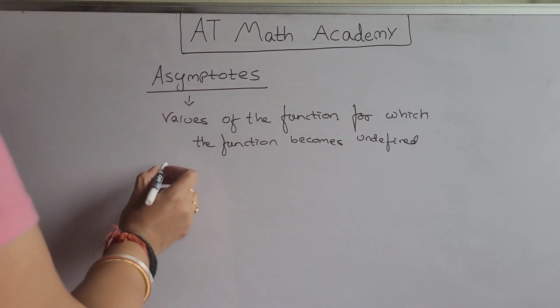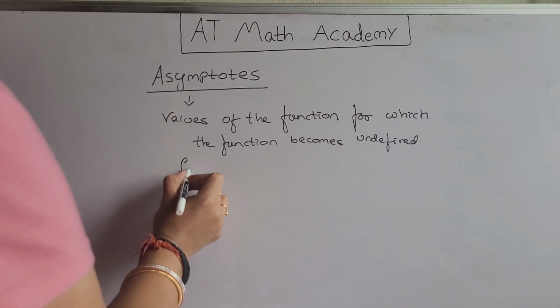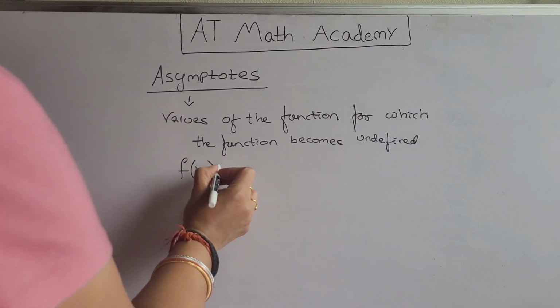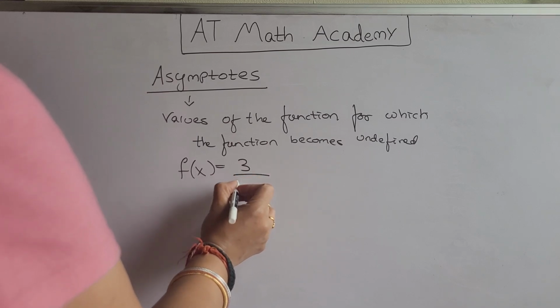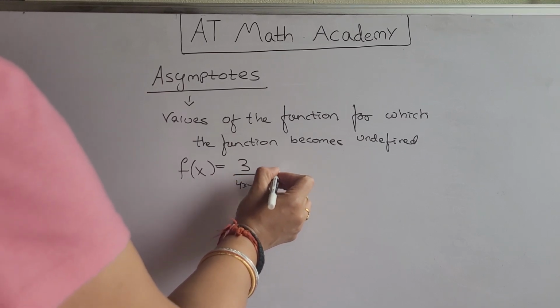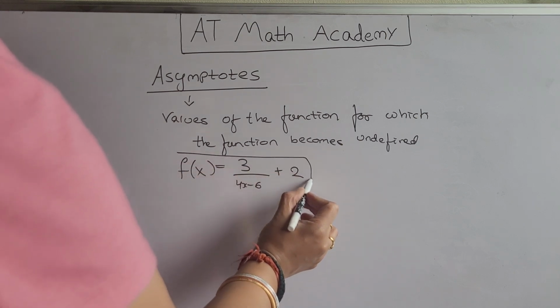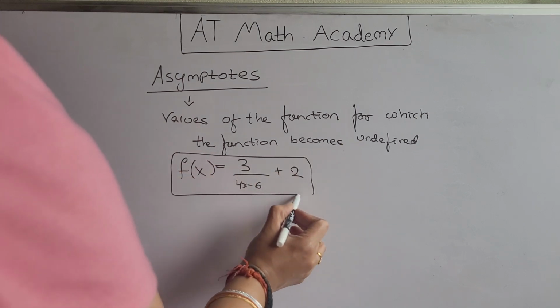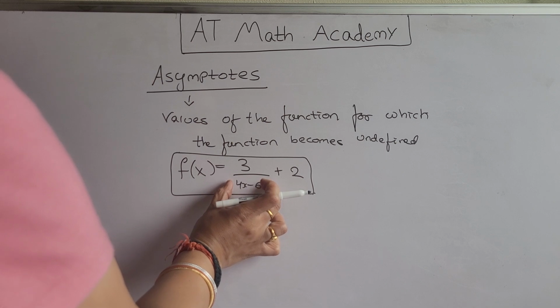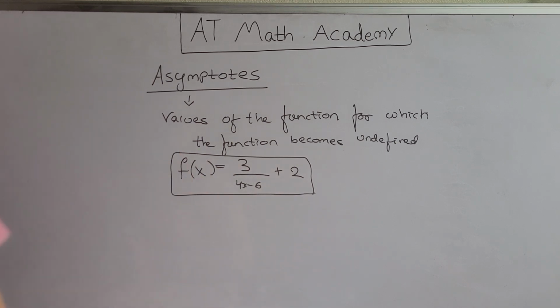So here is an example. f of x is equal to 3 by 4x minus 6 plus 2. So this is our function for today, and I can have different values of x and find the function value for f of x.